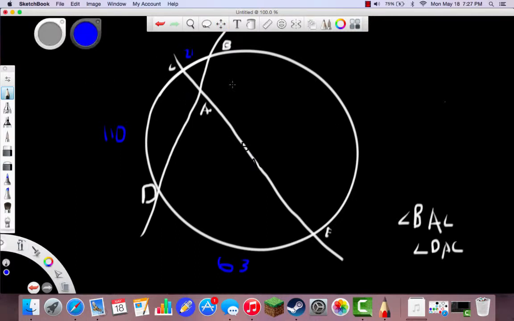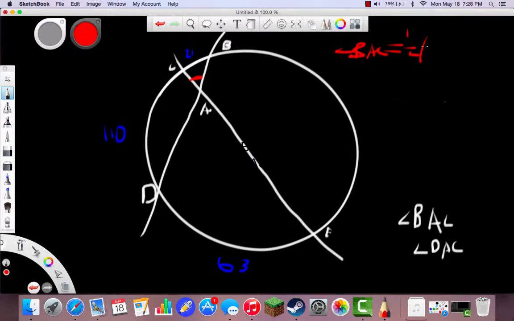Now, we need to find BAC. So BAC is right here. We're going to see that BAC is going to equal half of arc BC plus arc DE.